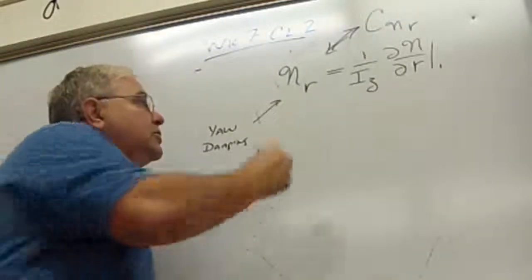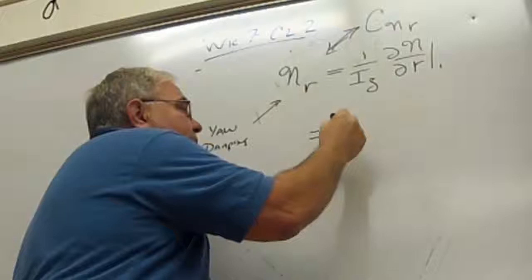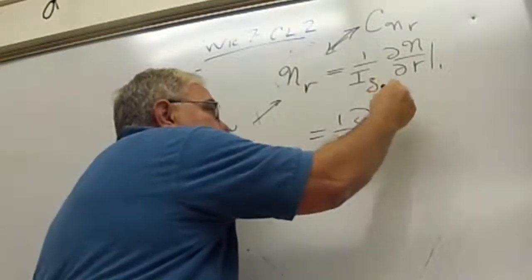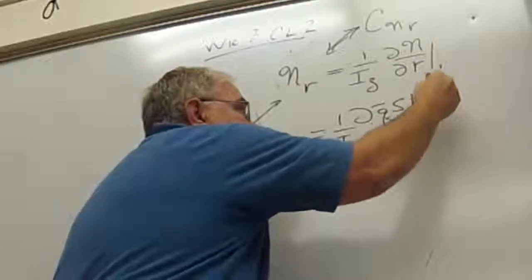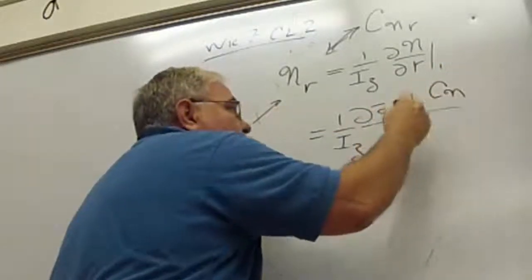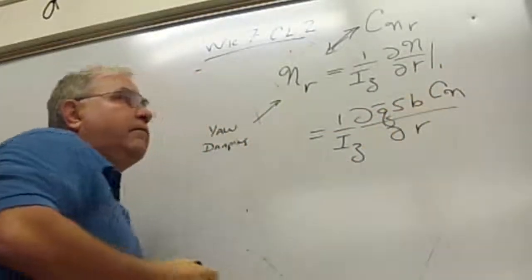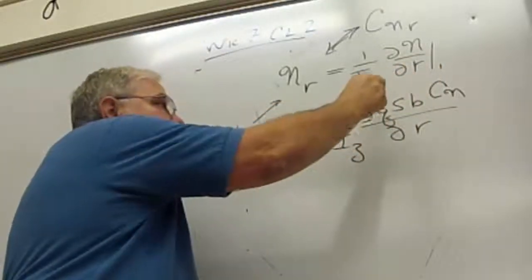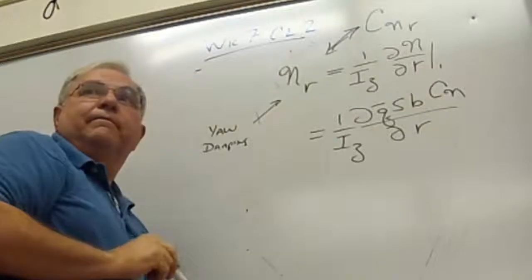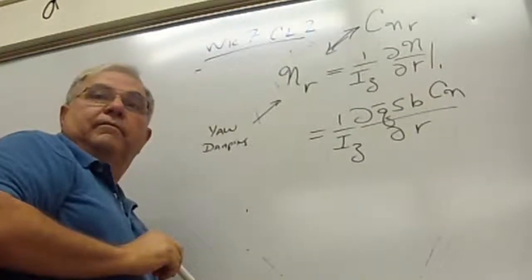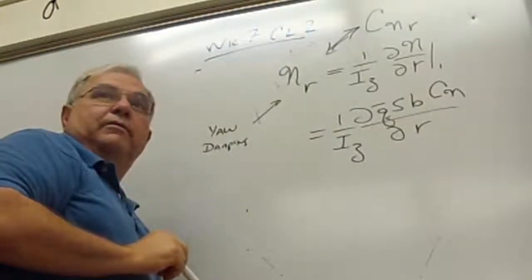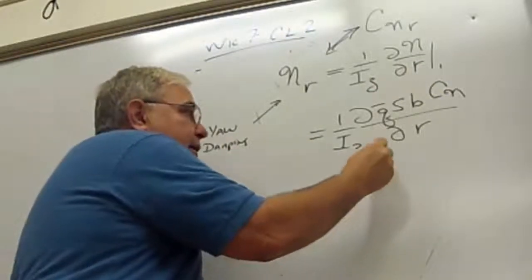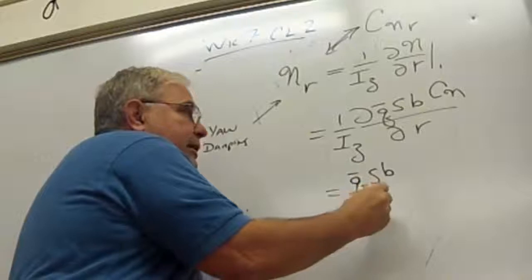So this is going to be equal to 1 over IZ, partial of Q bar S B C sub N over partial R. That's dimensionless. We just took the dimensions out. Dynamic pressure, wingspan. Everybody with me? Okay, so then we're going to take out the Q bar S B over IZ.